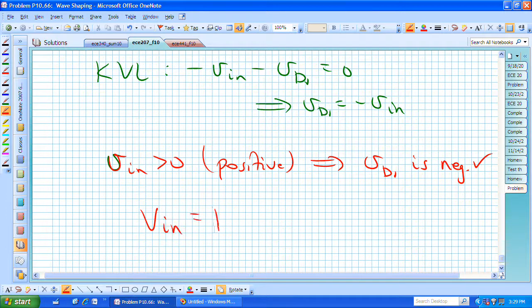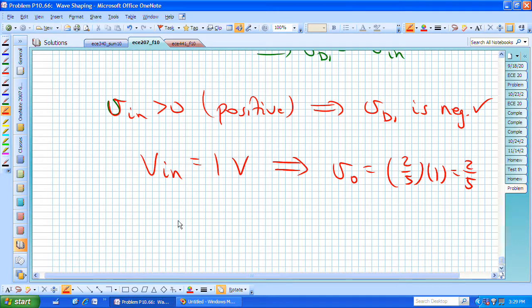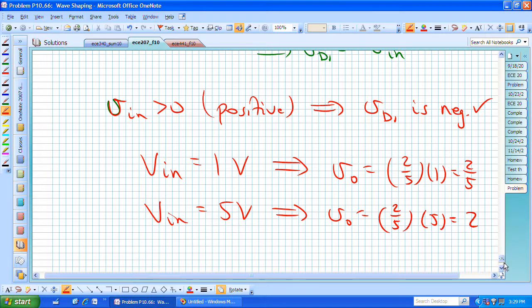If V in is 1 volt, then V out is going to be 2/5 of that 1 volt, or 2/5 of a volt. If V in is at the top end of that positive side, V out is now 2/5 of 5, or 2 volts.